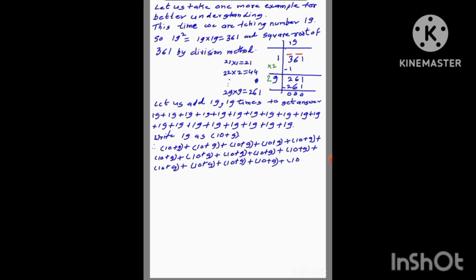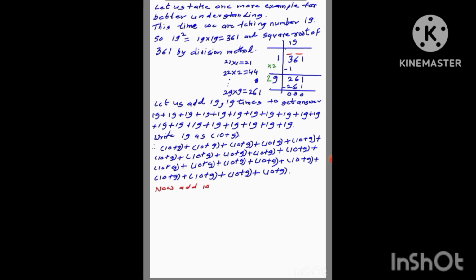We are trying to see why we have to multiply divisor by 2, always by 2, any divisor. In this case the divisor is 1, in previous case it was 2, and some other case it was 3, like that. Now I am collecting 10 times.